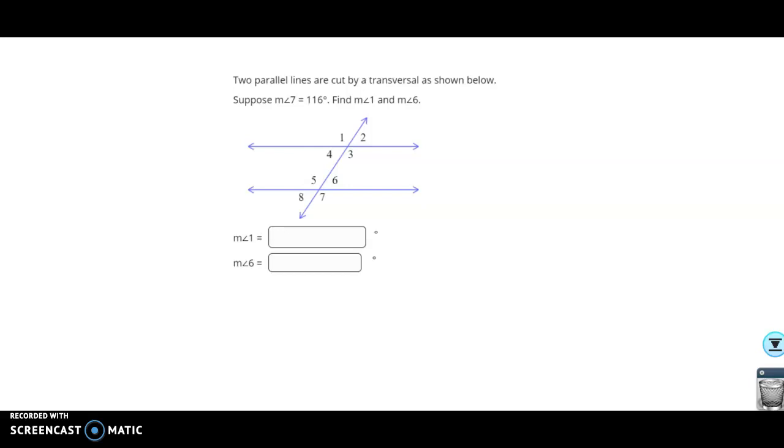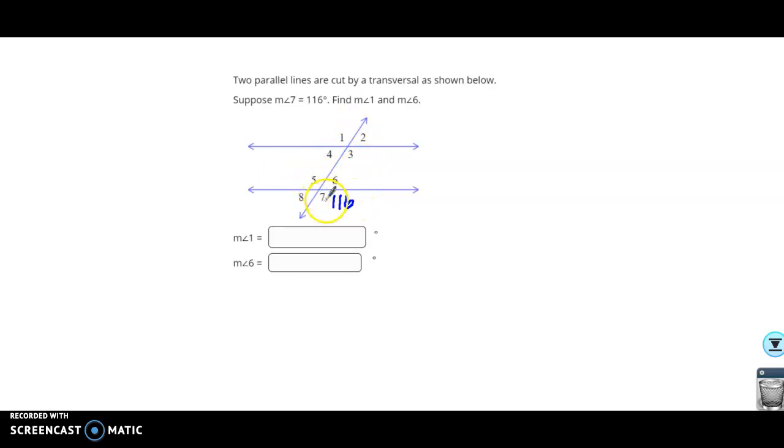When we have parallel lines cut by a transversal, if you know one angle, you can find all the others. So here, if we know that the measure of angle 7 is 116, we also know that all the other obtuse angles are also 116, or more properly, we should use our rules of congruence.